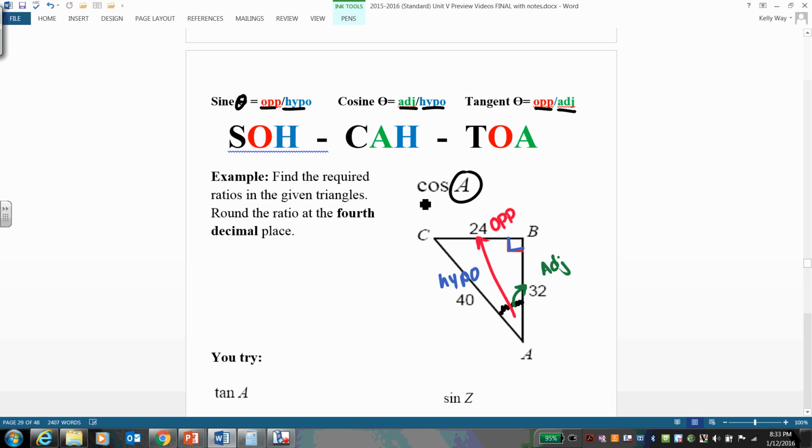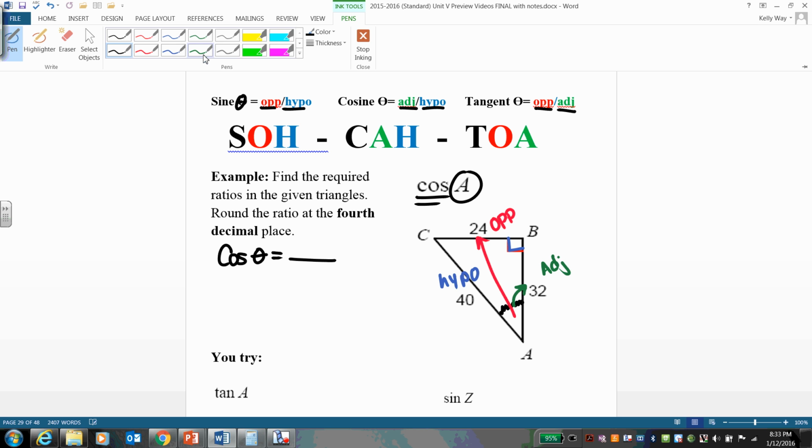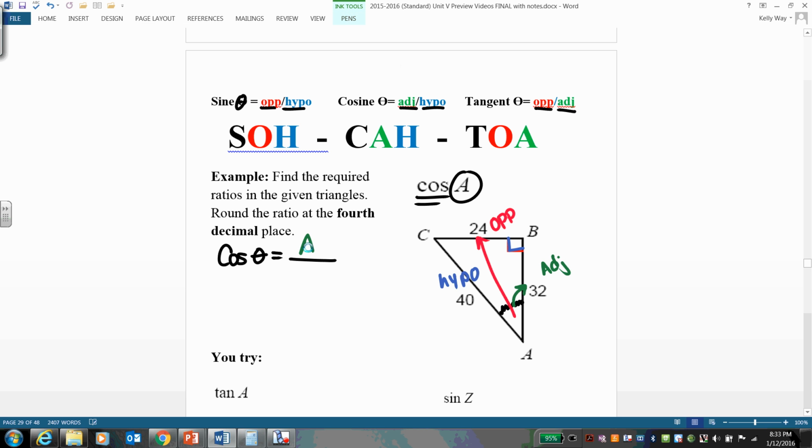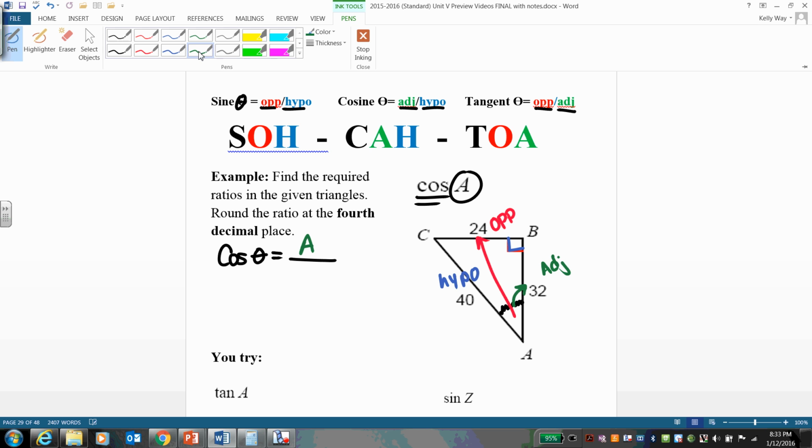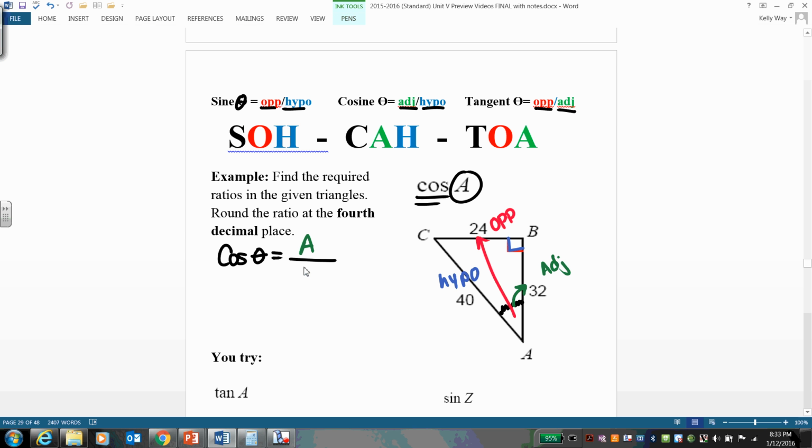Start by writing the equation. We want cosine. So I write out the equation. Cosine of angle theta equals adjacent over hypo. I'm going to pronounce it ka, ka, ka, like a crow cawing. Cosine, ka.